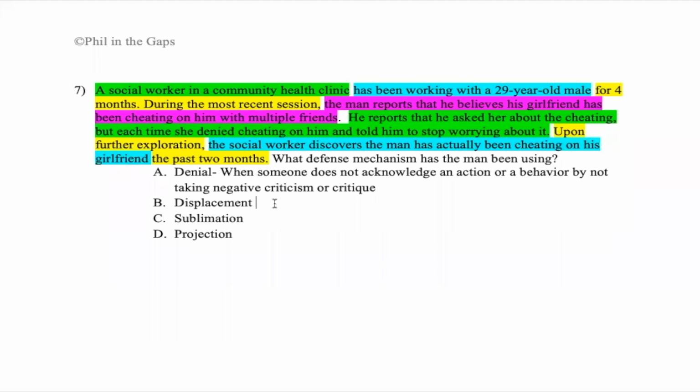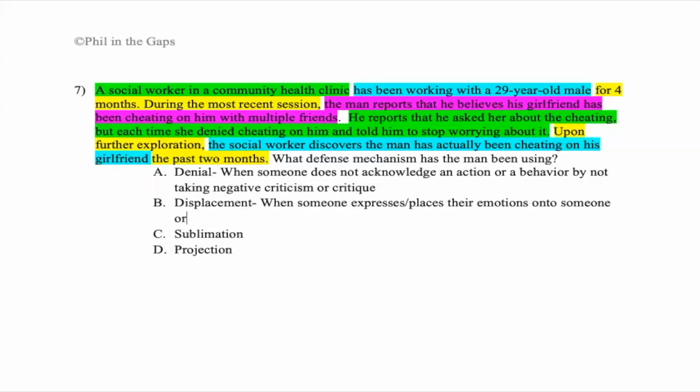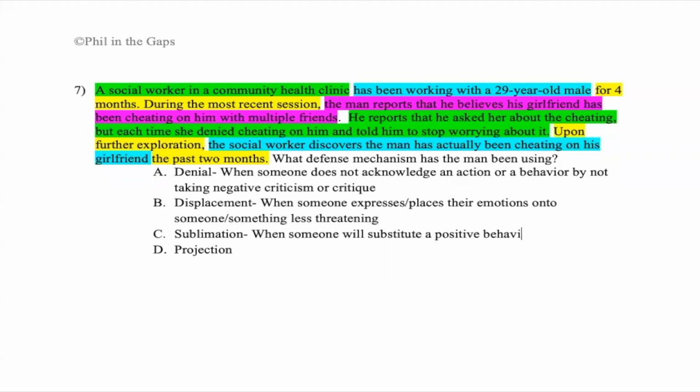B, displacement is when someone expresses or places their emotions onto someone or something less threatening. C, sublimation is when someone will substitute a positive behavior in place of a negative one.